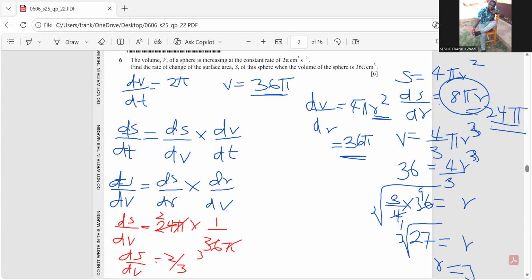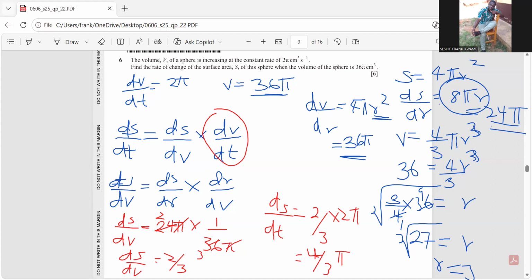Now what's dV/dt? dV/dt is in the question as 2 pi. So we are going to have dS/dt, as we are finding, as dS/dV, that's 2/3, times dV/dt, which is 2 pi in the question. So that's going to be 4 out of 3 pi. And that is the dS/dt. So that's cm squared per unit time. That's the unit.